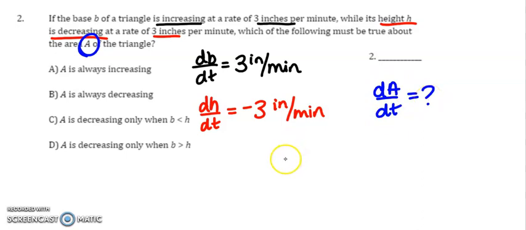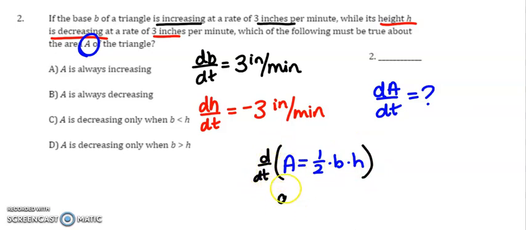So before I can relate their rates, I need to relate the variables. Area equals 1/2 base times height. So now I'm going to relate the rates by taking the derivative with respect to time. This will become dA/dt equals 1/2, so 1/2 as a constant in front, and then I'm going to need a product rule between b and h.